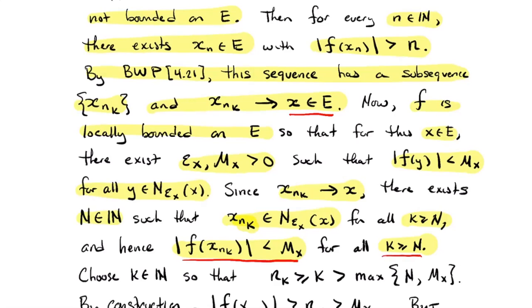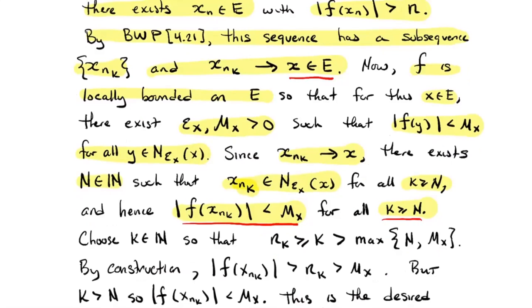All right. So now I'm going to choose a natural number, little k. This is always true, that the kth subsequence index is bigger than k. Choose that bigger than this n and this m sub x. Okay, n's a natural number, m sub x is a positive number. Pick a natural number k that's bigger than both of them, and notice that n sub k is bigger than or equal to that.